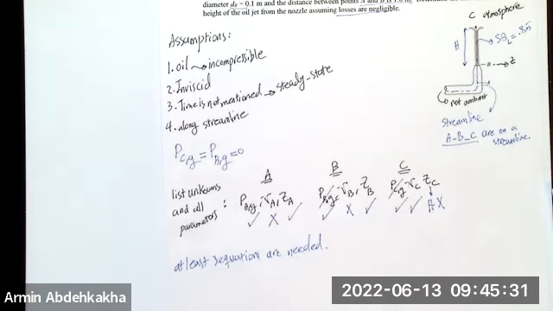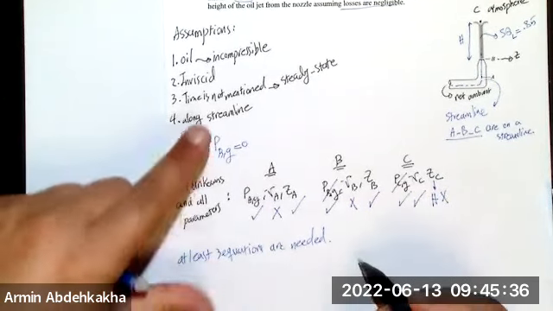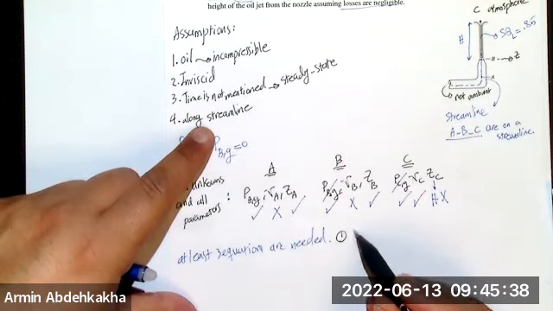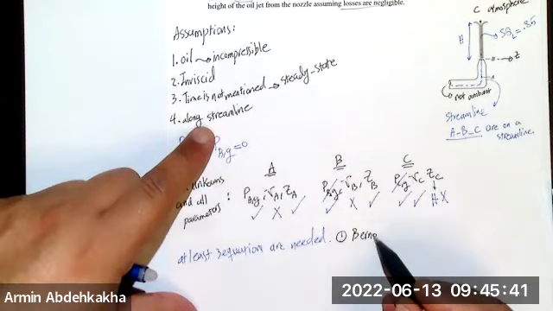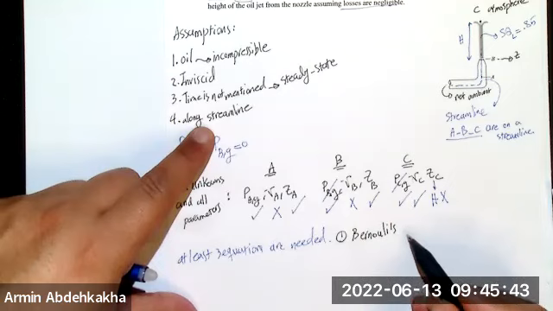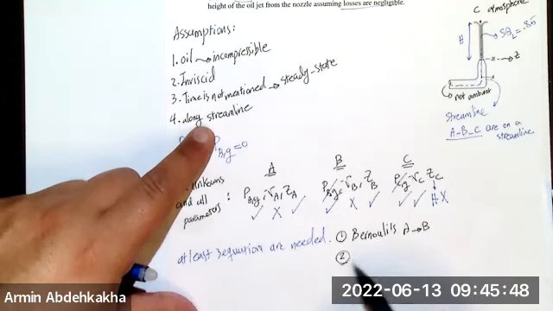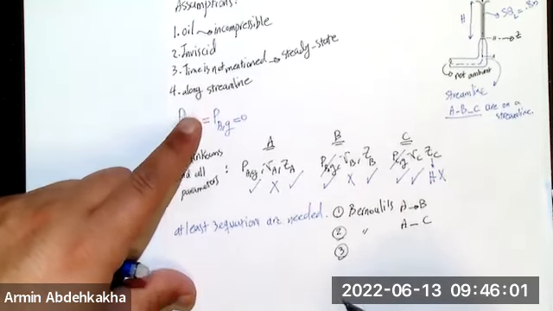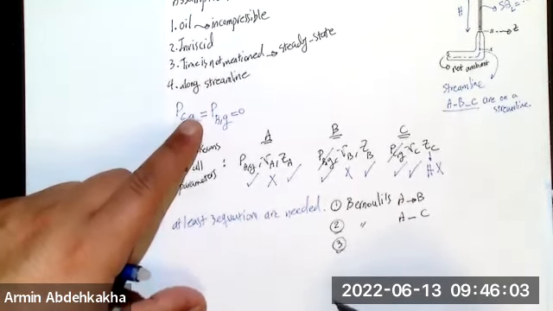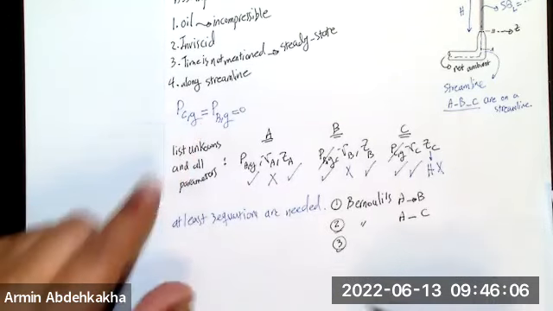So where should I bring these 3? One is the Bernoulli between point A and B. Second is Bernoulli from A to C. And what about the third one? Can I write Bernoulli A to B and B to C?